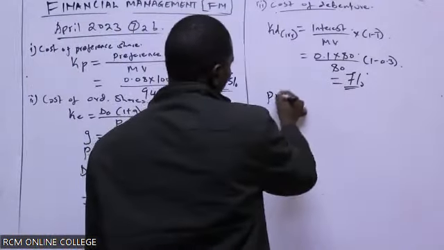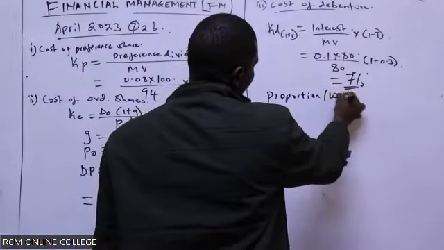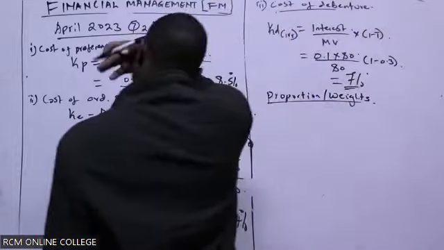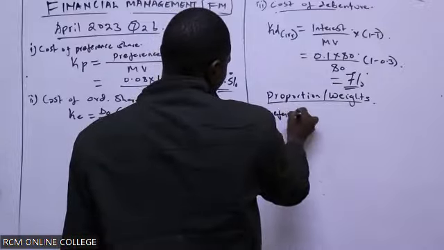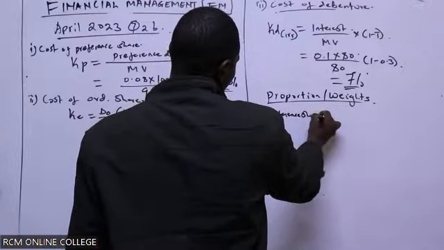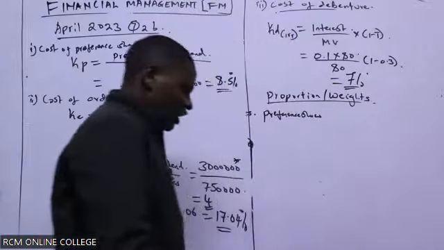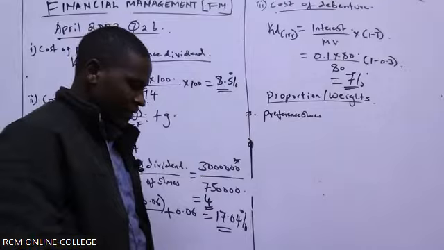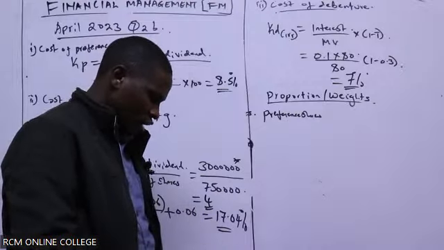So let's get the proportions or weights. We can start with what we have here above, the cost of KP, preference share. What is the value of the preference share? I can see that the par was how much?